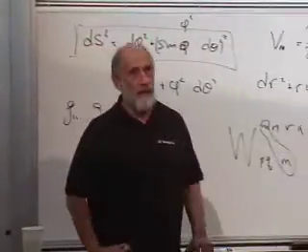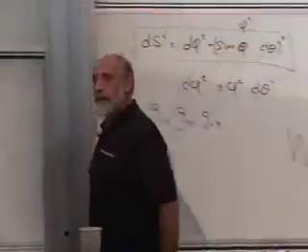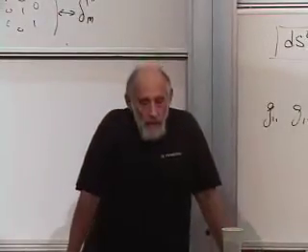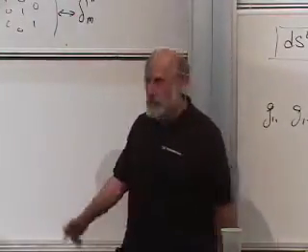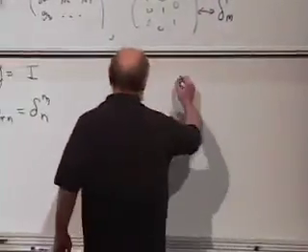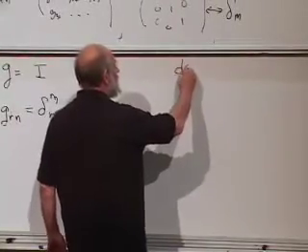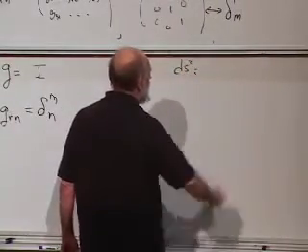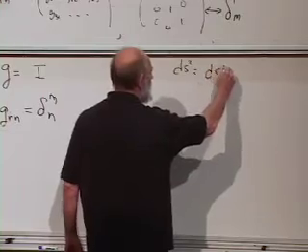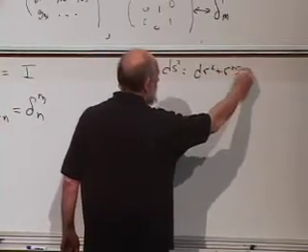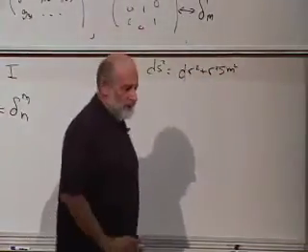Let's see if we can find it. First of all, let's take polar coordinates. We had the metric ds squared is equal to dr squared plus r squared d theta squared.